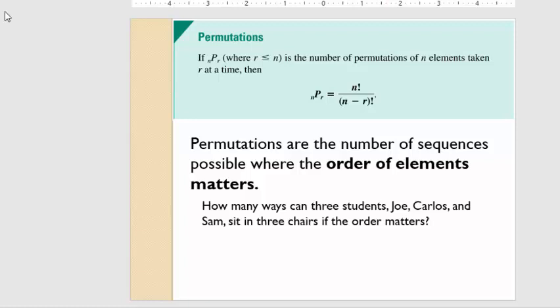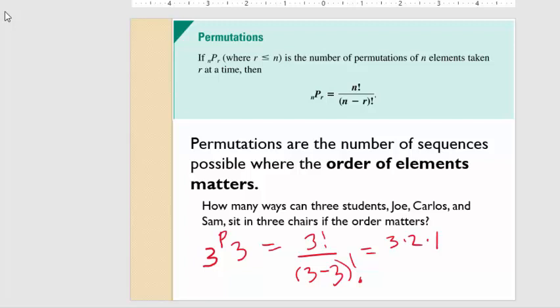So we set this up as 3, which is the total number of students that we have, permutations, choose 3. 3 is n, and 3 is r. And that equals, n goes on the top, so 3 factorial divided by parentheses 3 minus r, which is 3, factorial. So 3 factorial is the same thing as 3 times 2 times 1.